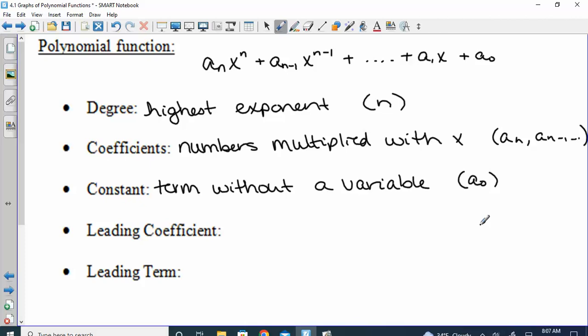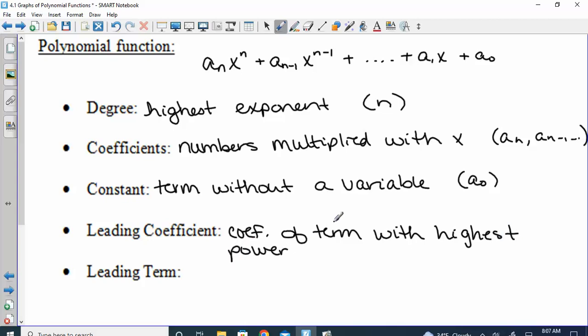All right. What is the leading coefficient? It's the coefficient on the term with the highest power. So in this scenario, the x to the n, that's my highest power.